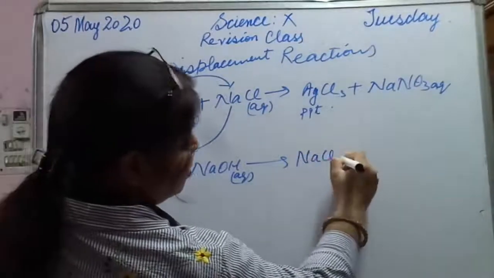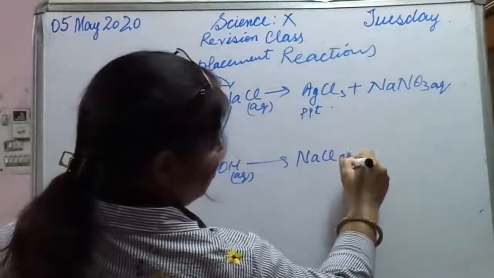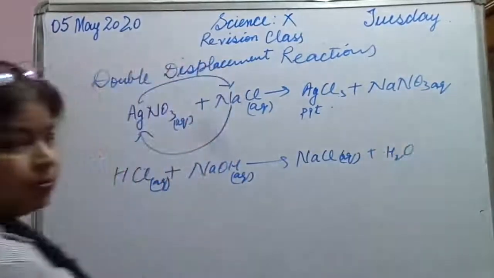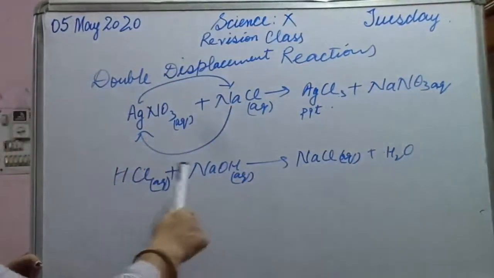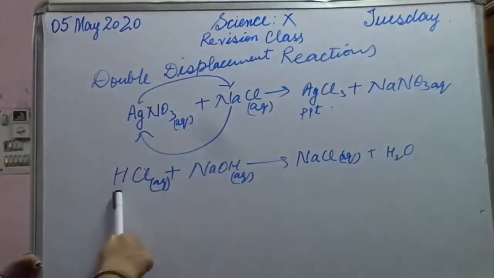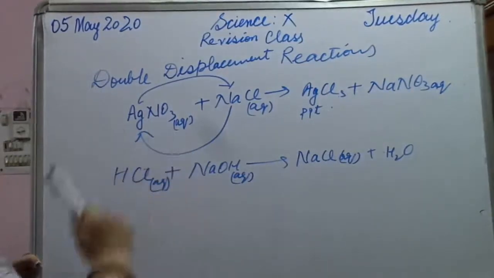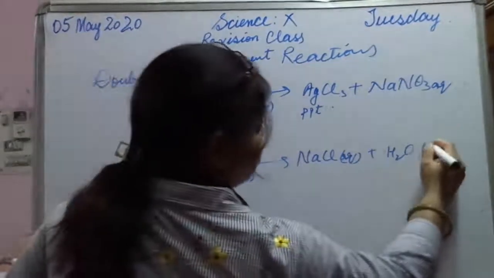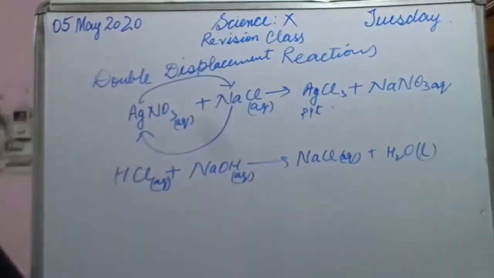NaCl is formed, aqueous, plus H2O, water. Na replaced H and H got combined with OH, forming NaCl and H2O. So this is a neutralization reaction.